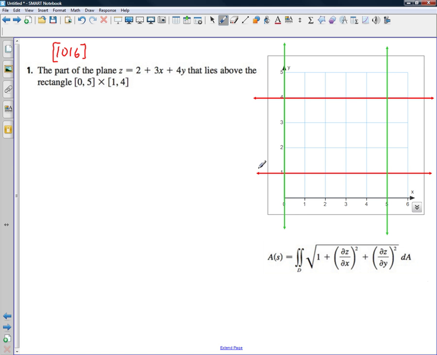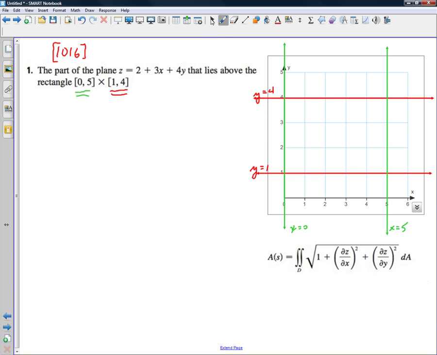These red lines are the lines y equals 1 and y equals 4. And these dimensions are over here, 1 to 4, the rectangle, and then the green vertical lines are the lines x equals 0 and x equals 5. And they correspond to what's given in the problem.